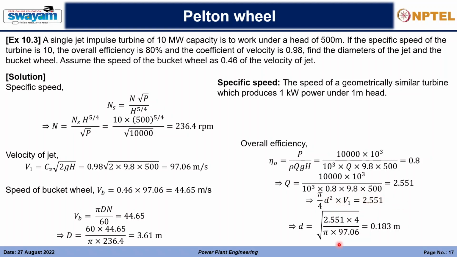If we equate it, we will get the diameter of the jet as 0.183 meter. So this is how the questions are framed. The specific speed is given, and according to that it can be scaled up to any particular turbine having geometrical similarities.